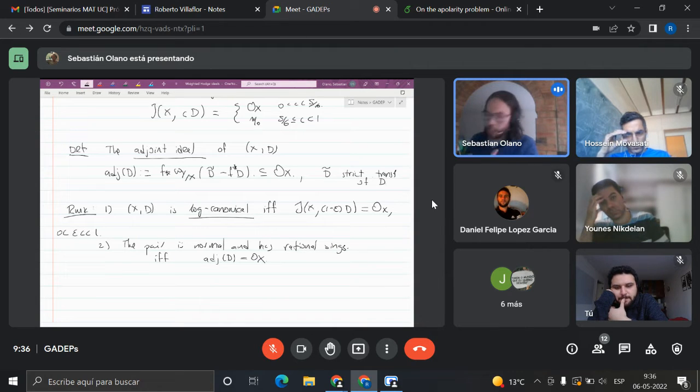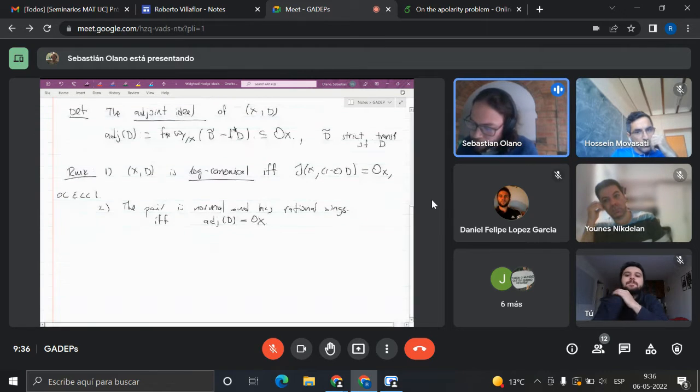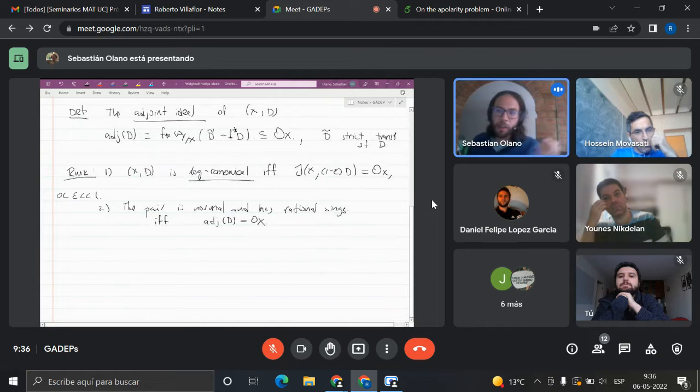In some sense, the multiplier ideal, when you have D multiplied by a number very close to 1, captures how far you are from being log canonical, and the adjoint ideal captures how far you are from having rational singularities. These two ideals are very important in the classical theory of birational geometry, and they have been used for different kinds of applications.